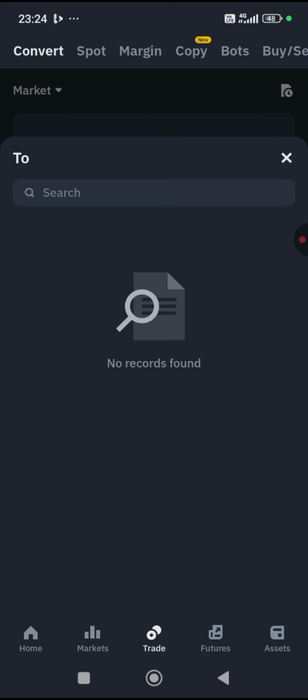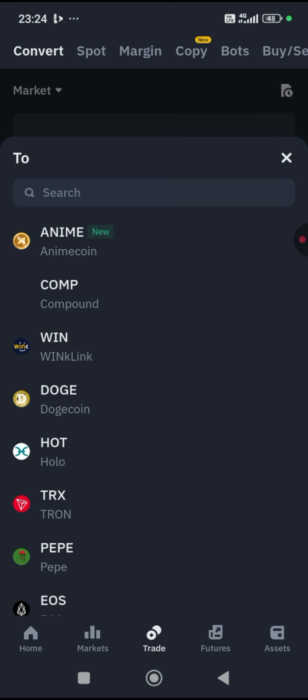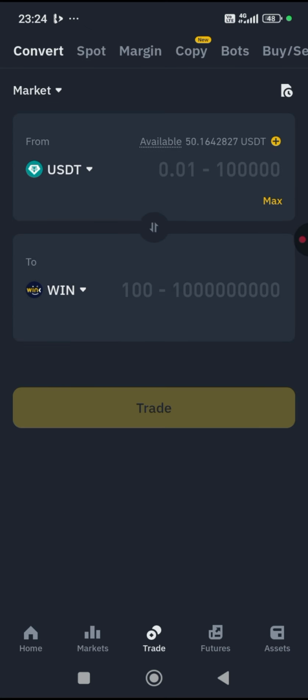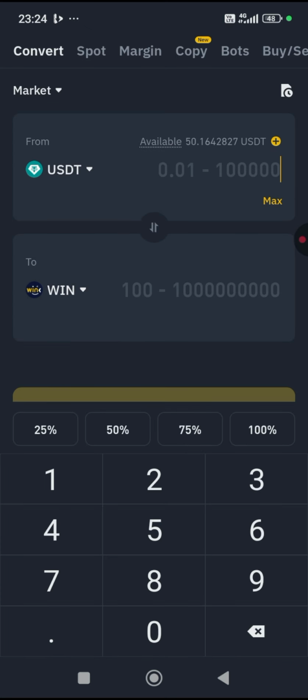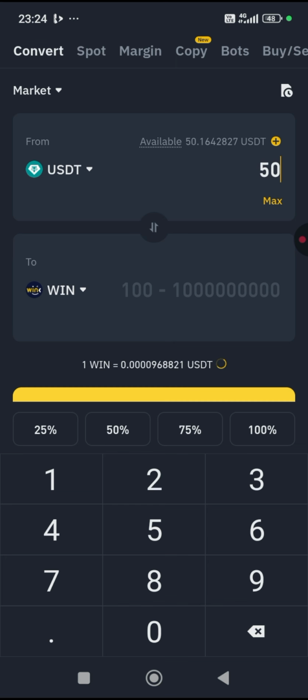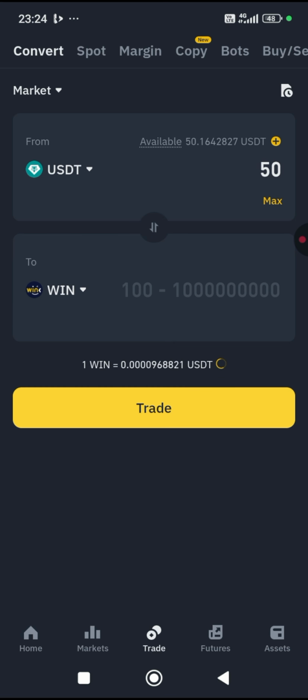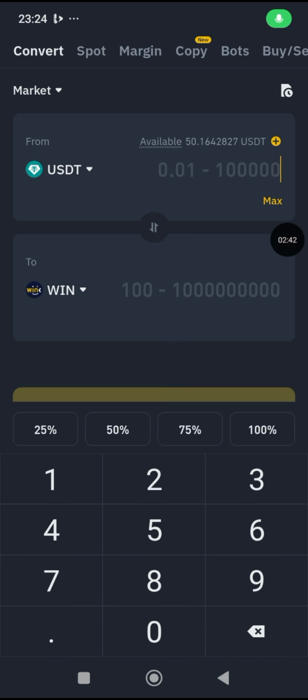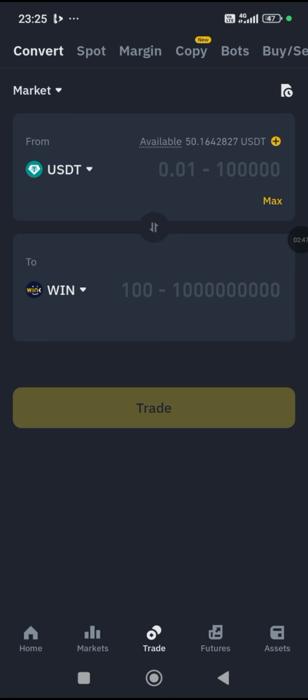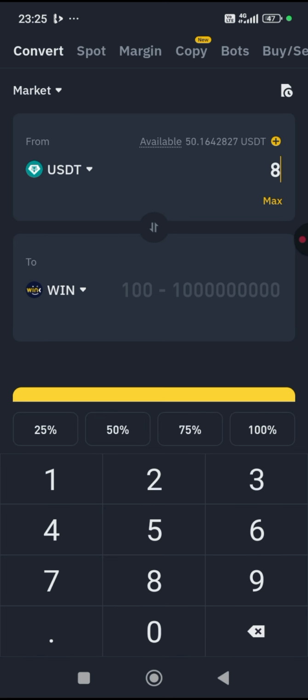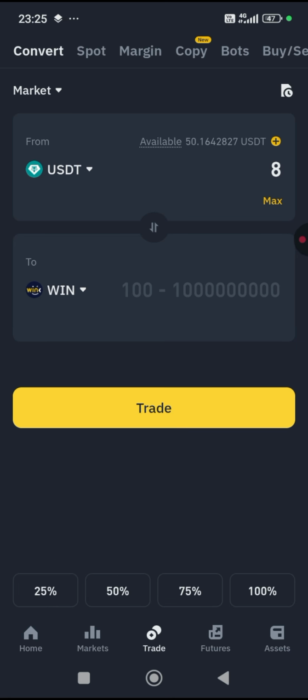Let me look if that particular token is here, or let me say WIN. Yes, WIN is a lesser token. Let me say I want to use my $50. Oh sorry, I've forgotten that we are trading with a lesser amount. Let me say I want to trade with $8. Let's see the amount of WIN it is going to bring for us.